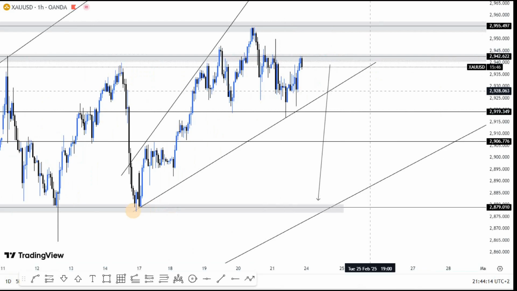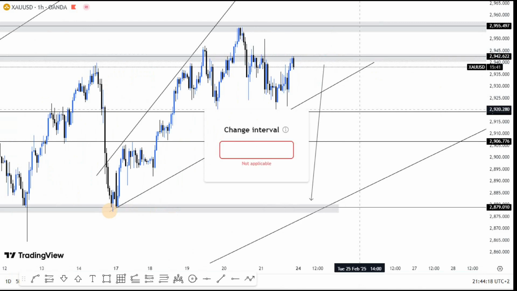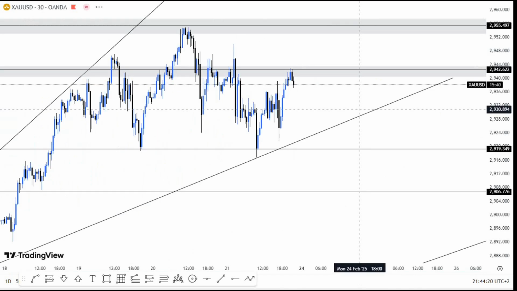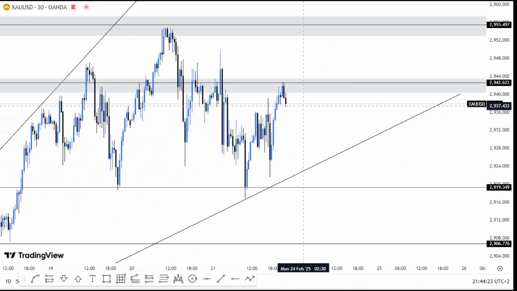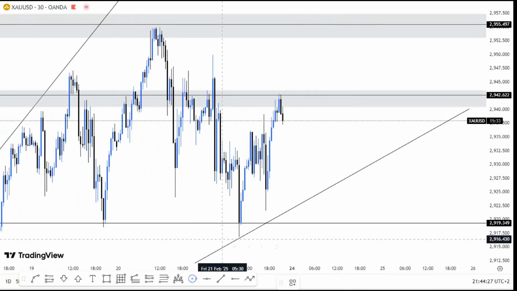But as I've said, I'm going to be scaling down into my smaller time frames. I just want to get those key levels or key points in order for me to be confident with the trade, right? But if you check at this certain zone, guys, we're just having a beautiful double bottom.